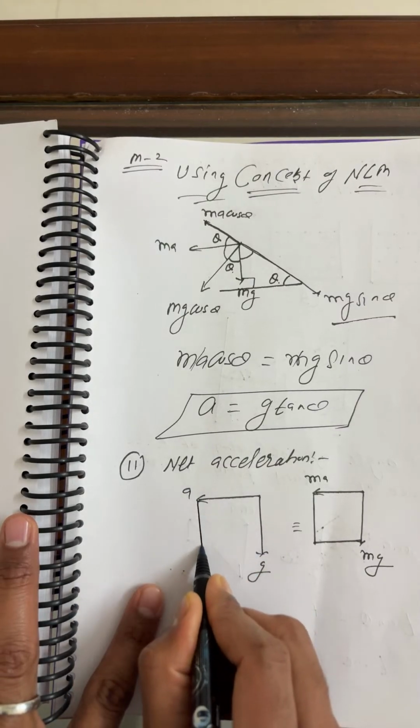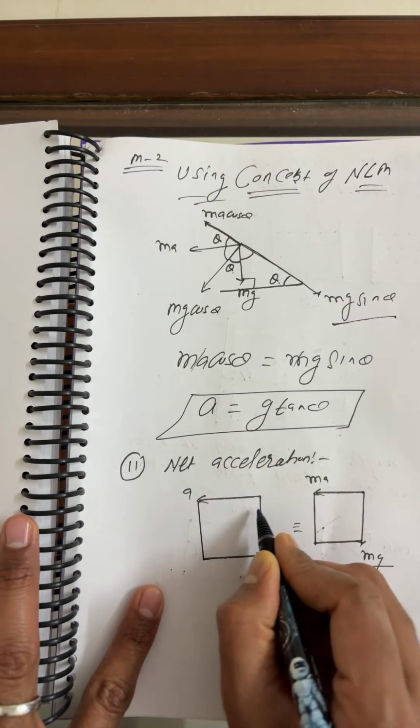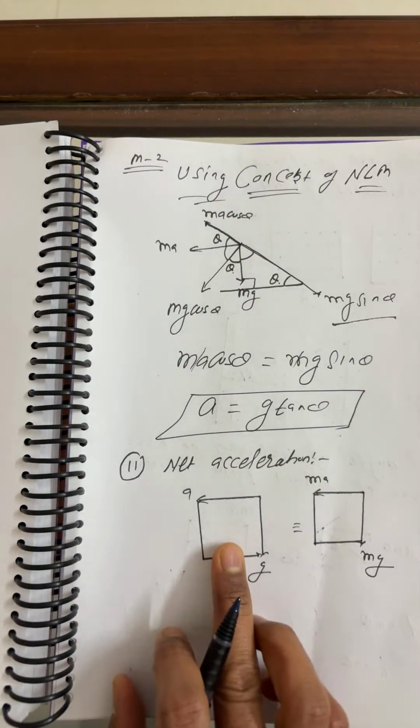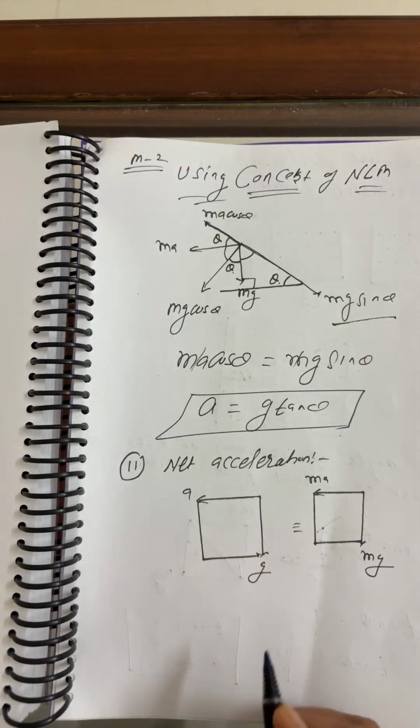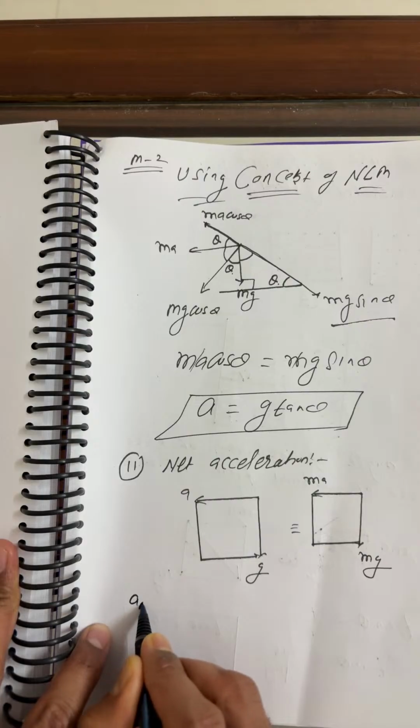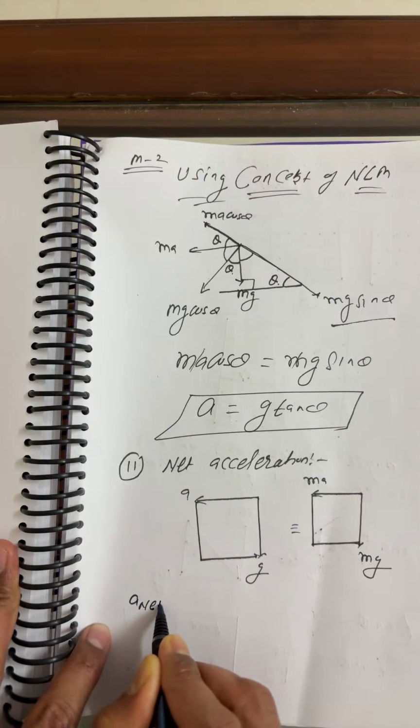Students, you can see from the geometry or this FBD that both are vector quantities. If both are vector quantities, then we wish to find the net acceleration. So we can apply this formula for net acceleration, because acceleration is a vector quantity.